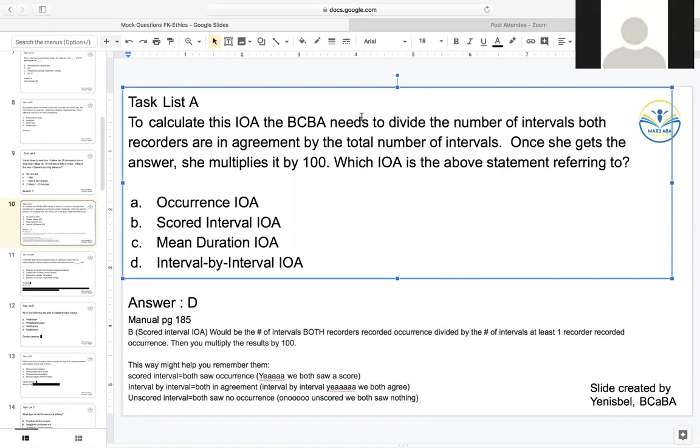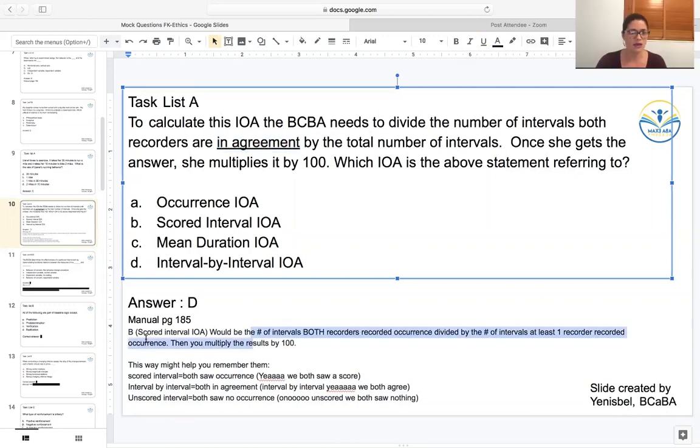Both observers recorded in agreement. The number of intervals, I think, is this one, isn't it? This one is in agreement, right? Yeah. So the difference is in agreement, and in scored interval is both recorded.